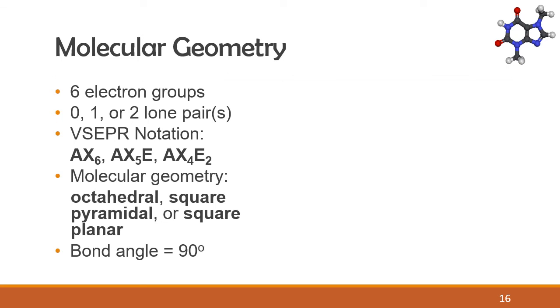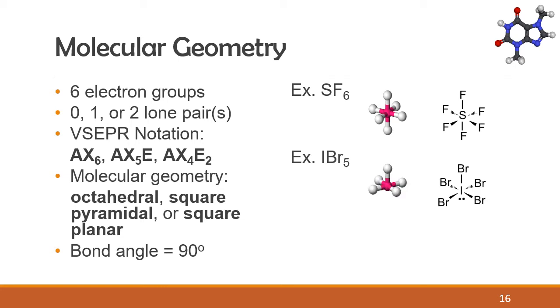The molecular geometries that arise from these electron group combinations are octahedral, square pyramidal, or square planar, with bond angles of 90 degrees all around. An example of an octahedral molecule is sulfur hexafluoride. An example of a square pyramidal molecule is iodine pentafluoride. And an example of a square planar molecule is xenon tetrafluoride.